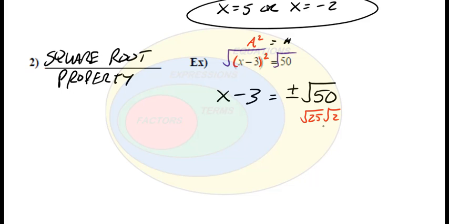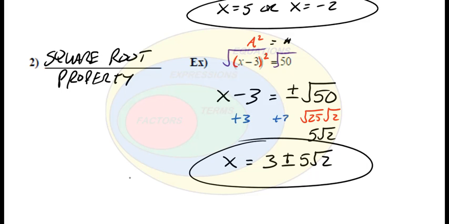So we could simplify the square root of 50 into 5 square root of 2. So if we add 3 to both sides, we would end up with x equals 3, and then plus or minus 5 square root of 2.